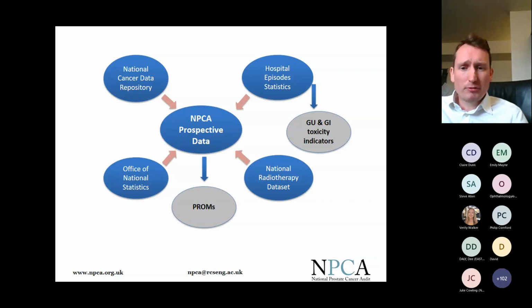So we really get a feel for functional outcomes for these men, specifically related to urinary function, bowel function, and sexual function. Between the toxicity indicators, hospital utilization and procedures, and the patient functional outcomes, together that provides a real breadth of coverage for all outcomes.